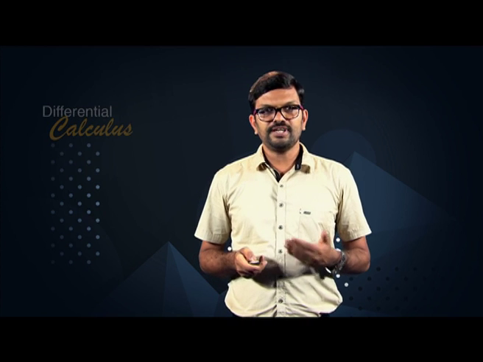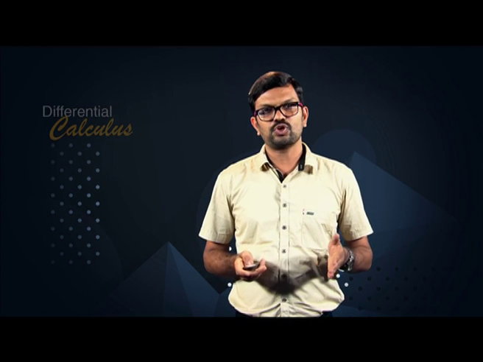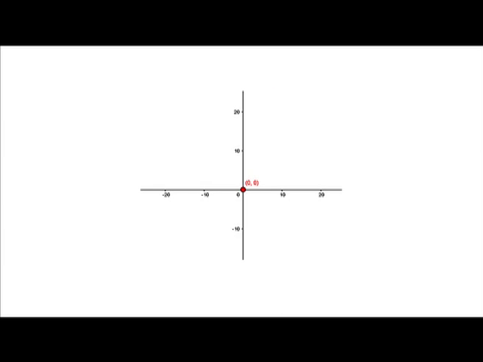Thus, we first trace the curve for x greater than or equal to 0 and finally extend it to x less than 0 by taking reflection about the origin. When x is equal to 0, we have y is equal to 0, hence the curve passes through the origin (0, 0).